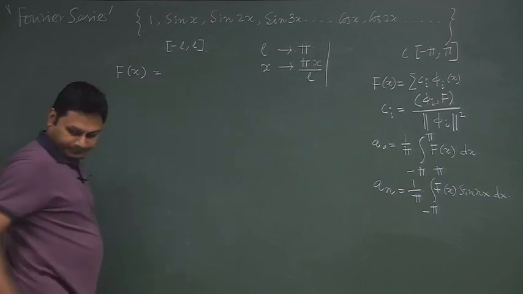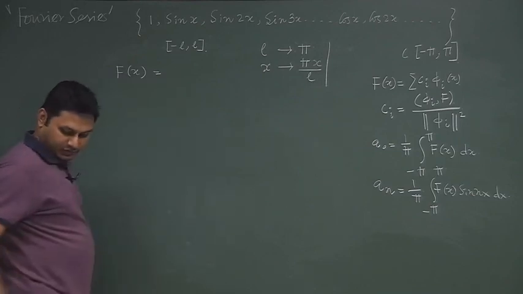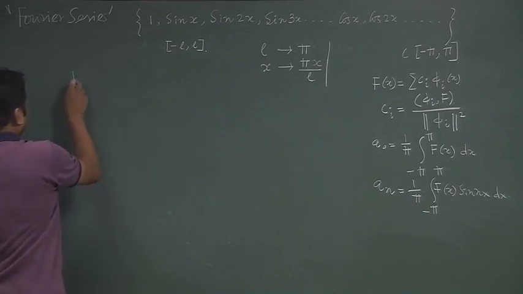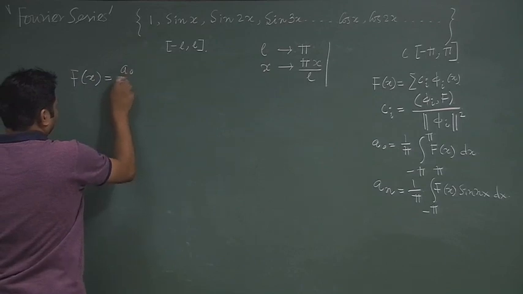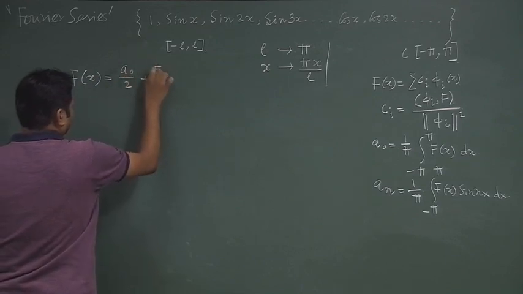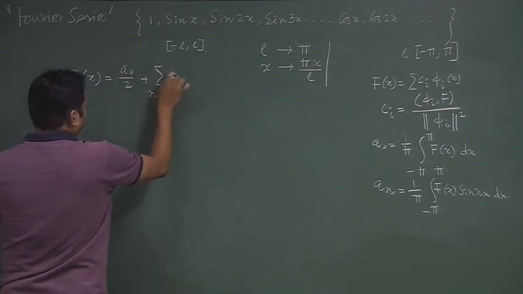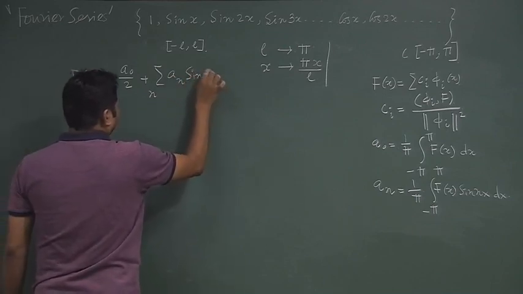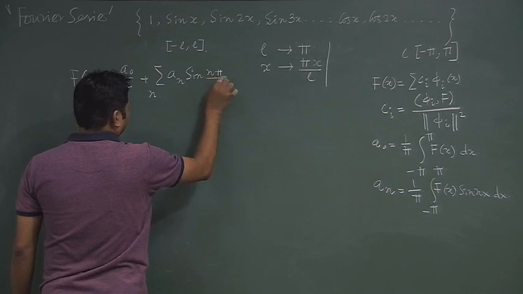So, f(x), let me write it. f(x) is a0 by 2 plus a_n sin(n pi x by L).